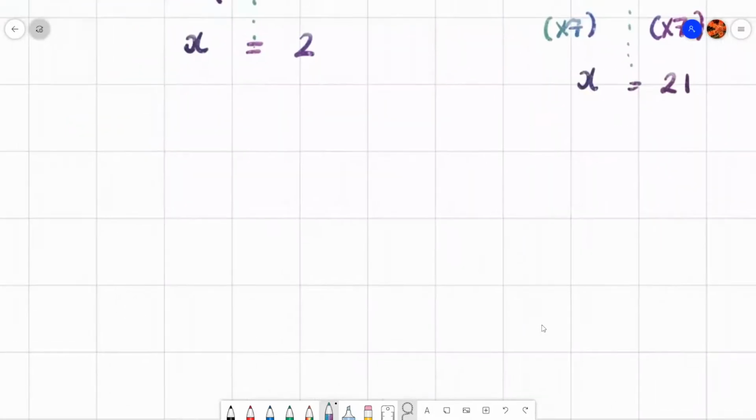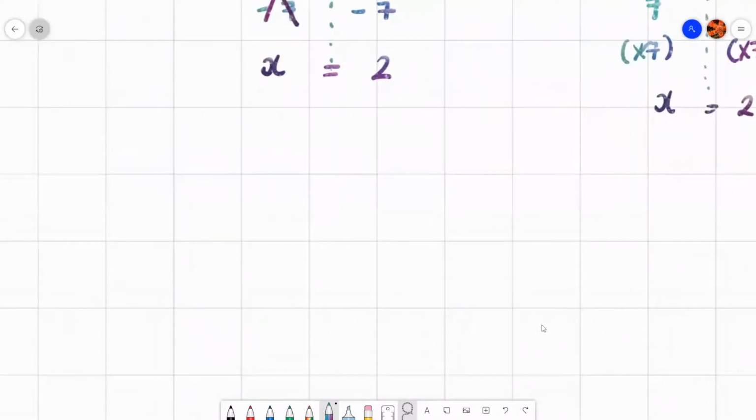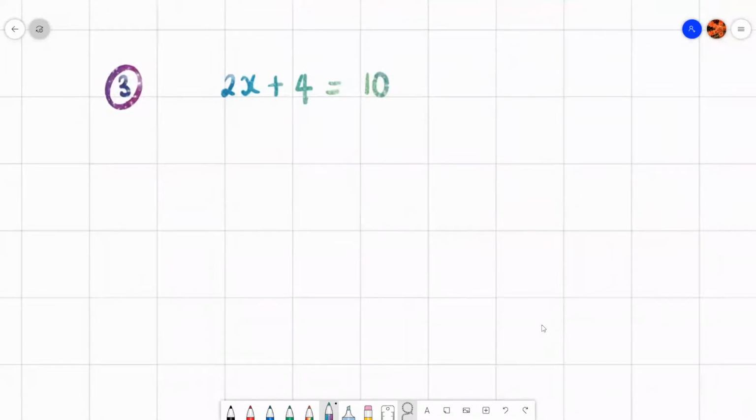We might have questions like this. 2x plus 4 equals 10. Draw your line at the equal sign. That is your balancing line. To get rid of a positive 4, we subtract 4 on both sides. 10 take 4 is 6. 4 take 4, nothing.